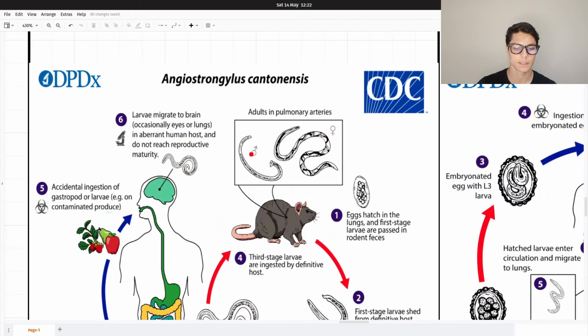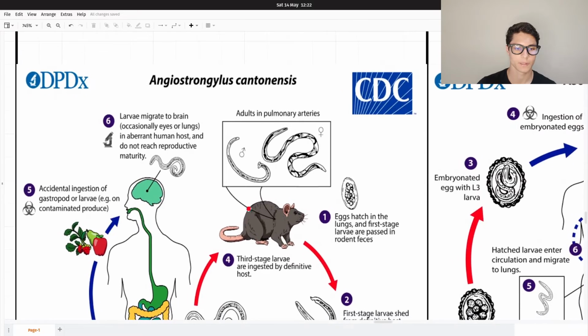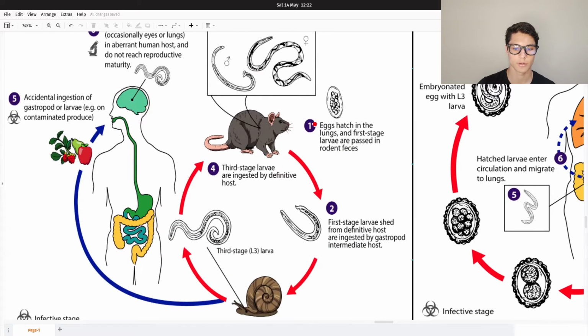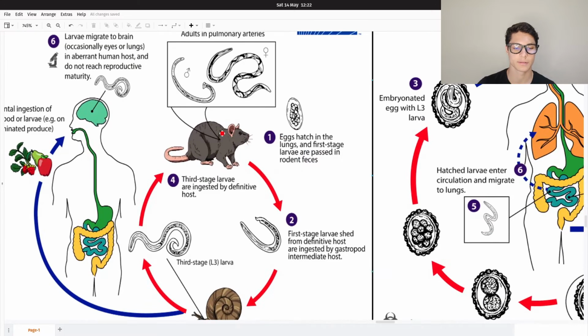Well, let's see what's the life cycle of this parasite. So eggs hatch in the lungs, and the first stage larva is passed in rodent species. So we have the eggs in the rat's lungs, and then the larvae come out of them in the feces.